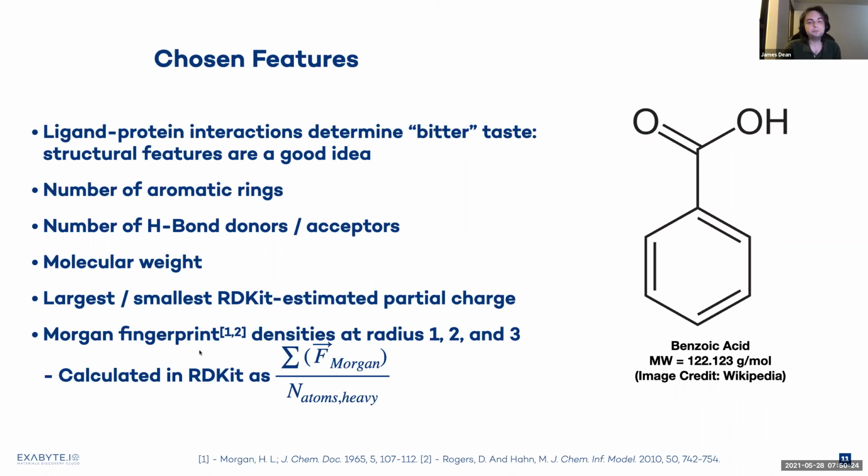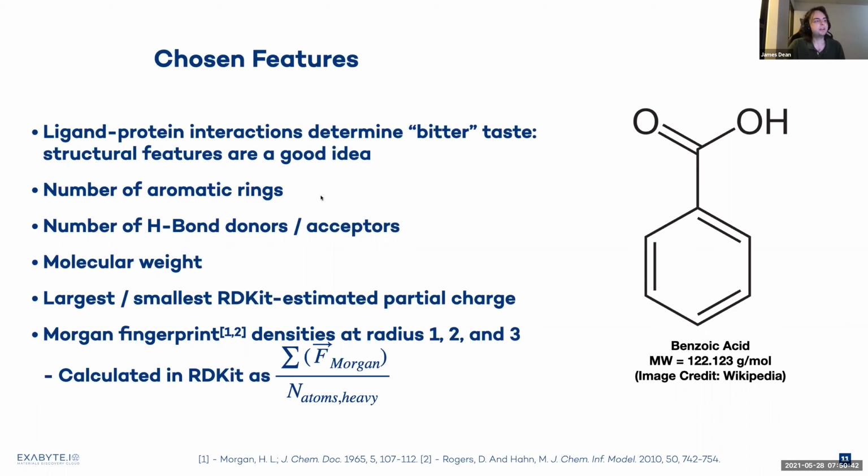And then we have Morgan fingerprint densities. I'm not going to go too deep into what a Morgan fingerprint is in this webinar. Here's a couple of articles that go into a lot of detail about them. But essentially, they are descriptors where there's a vector array of bits, and different features in the molecule will turn certain bits on and off.